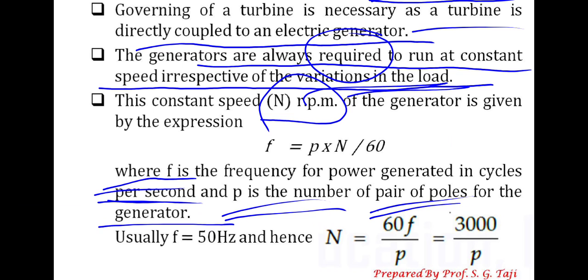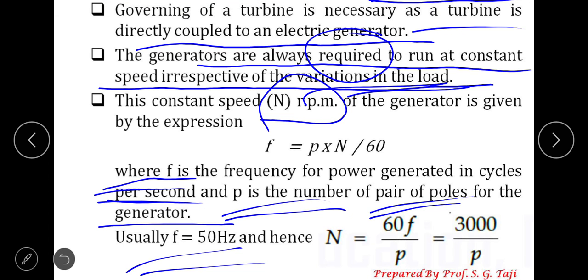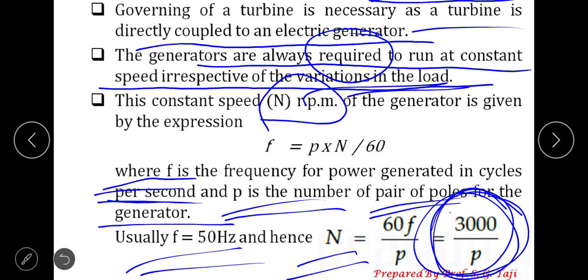Usually f is equal to 50 hertz, and hence N is equal to 60 × 50 / P, which works out to be 3000 / P. Remember, N is the speed in RPM, that will be 3000 / P.